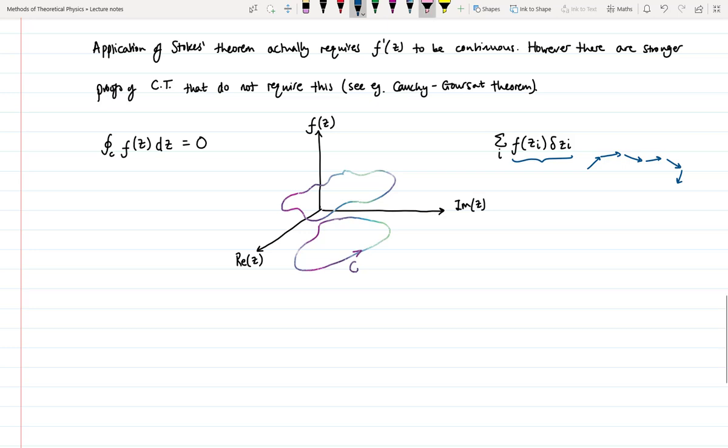And if we were to depict this on our diagram on the left, each of these arrows corresponds to the area given by multiplying together the height and width of these rectangles in the complex plane, where their heights and widths are both complex numbers.